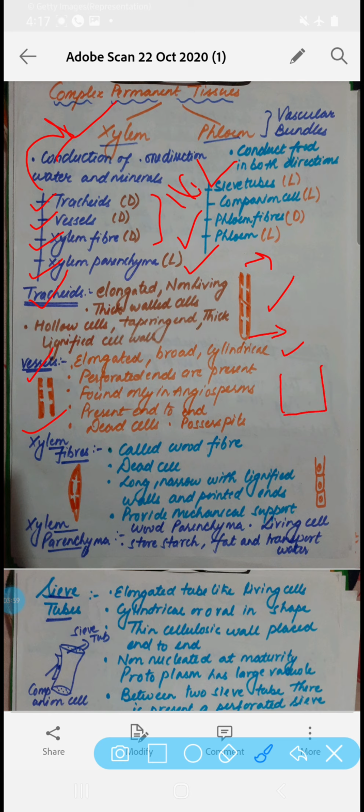Now what is the meaning of perforated ends? Perforated ends means that there are perforations on their ends. What do perforations mean? Holes. Holes are present at their ends. Just like a sieve, in which you see small holes, in the same way perforations are present at their ends.